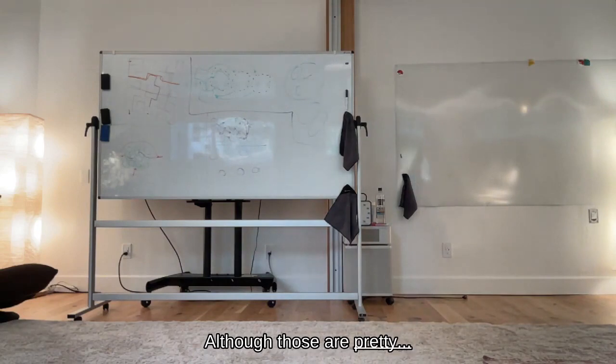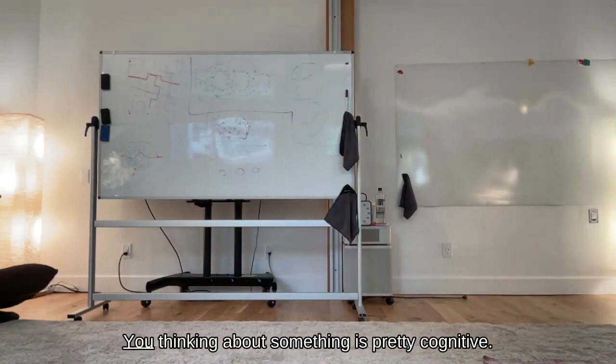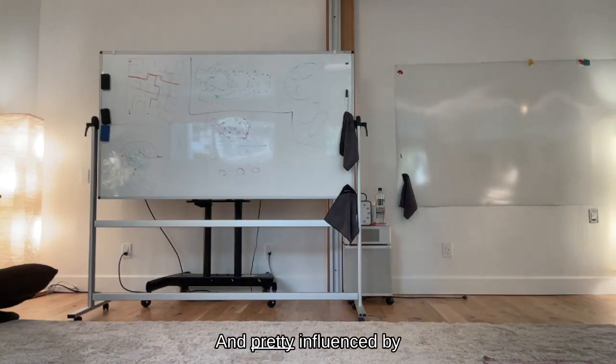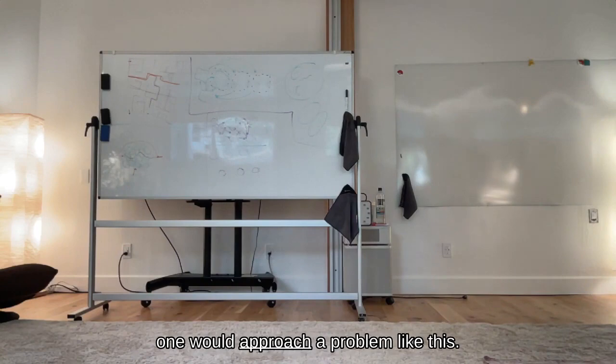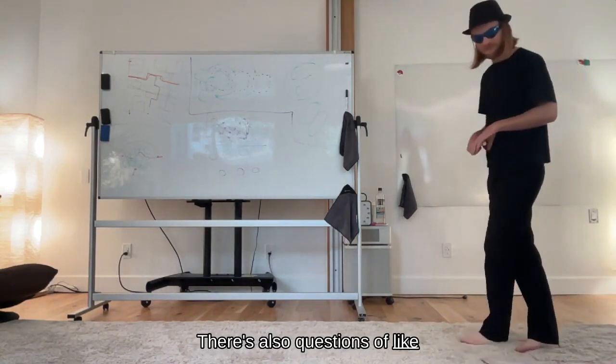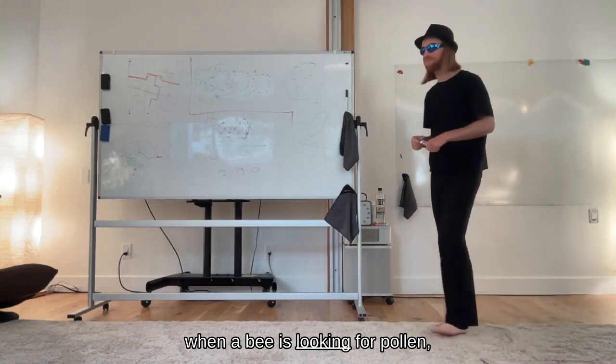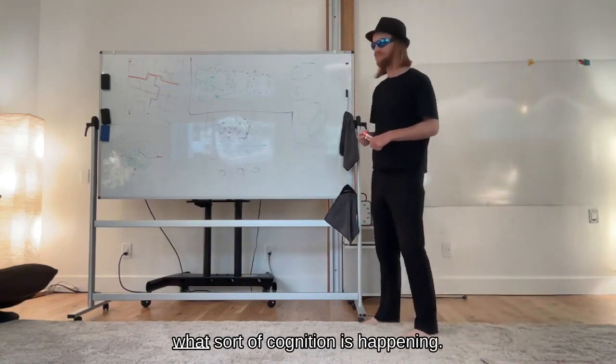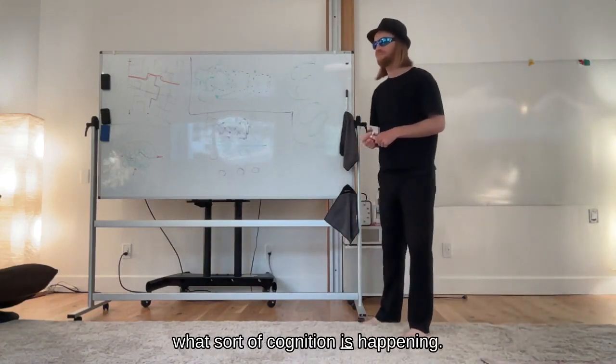Although those are pretty cognitive. You thinking about something is pretty cognitive. Yep. And pretty influenced by your thinking about how one would approach a problem like this. Certainly, yeah. There's also questions of when a bee is looking for pollen, what sort of cognition is happening. Yep.